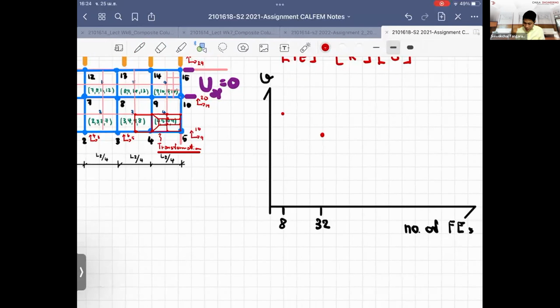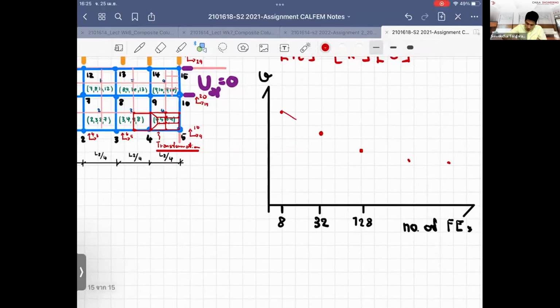And the more that you discretize an element, 128 and more, the more accurate the result that you should obtain until it converges to the flat curve. So this is to be sure that the results that you have here are converged.